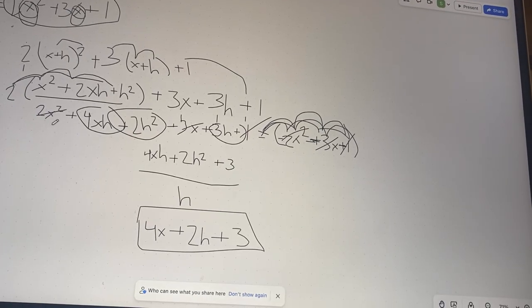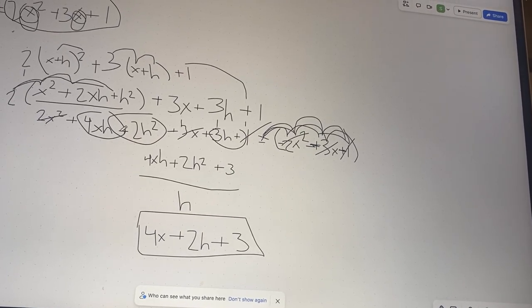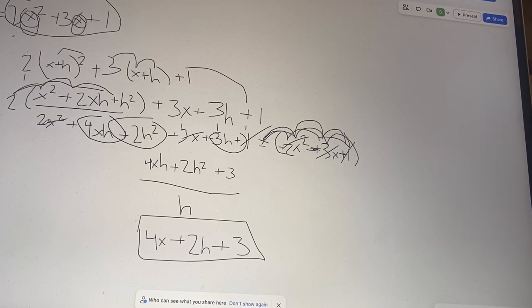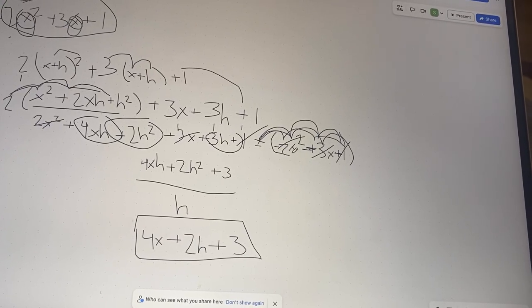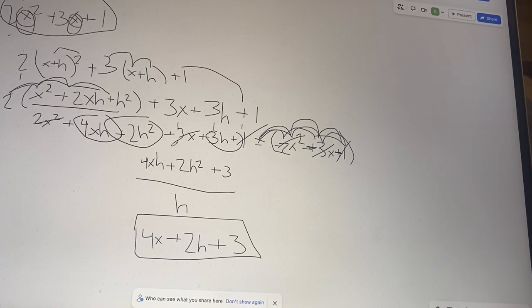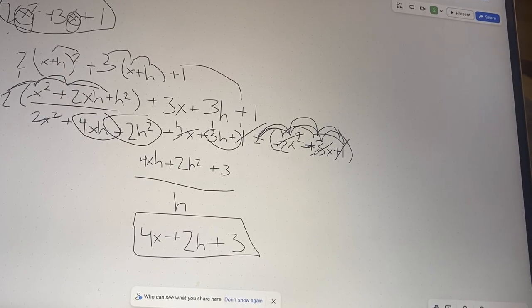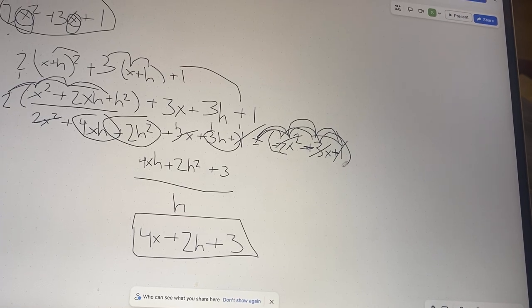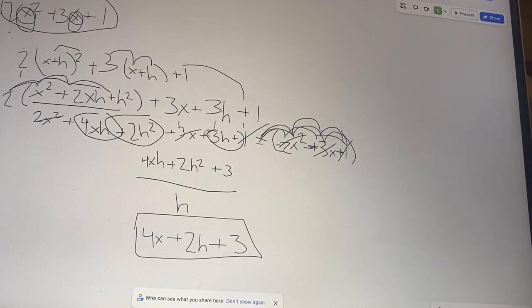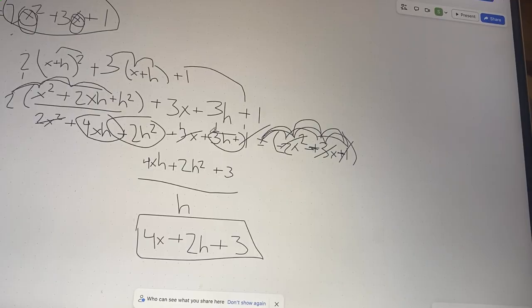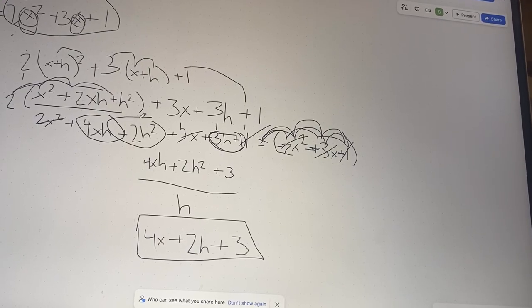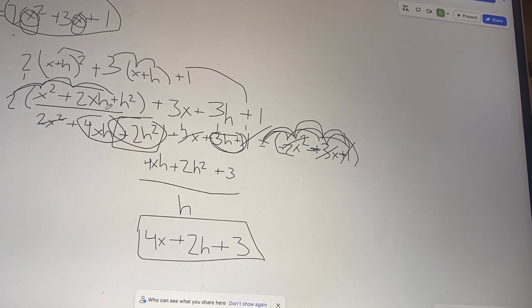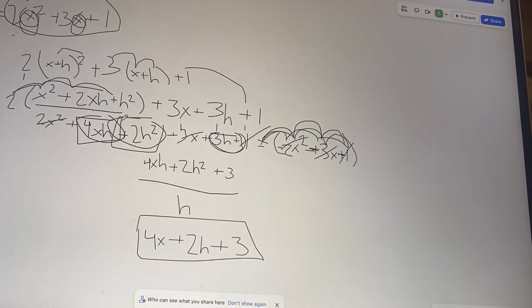Alright, and now at this point I just found all the like terms, and the 2x squared minus 2x squared canceled out. The plus 3x and minus 3x canceled out. The plus 1 and minus 1 canceled out. And so we were just left with the 3h, the 2h squared, and the 4xh.